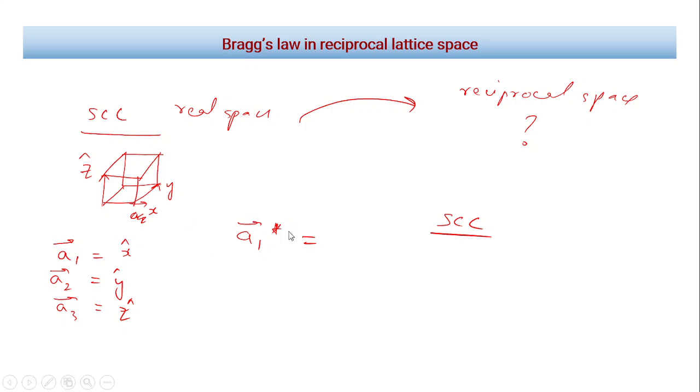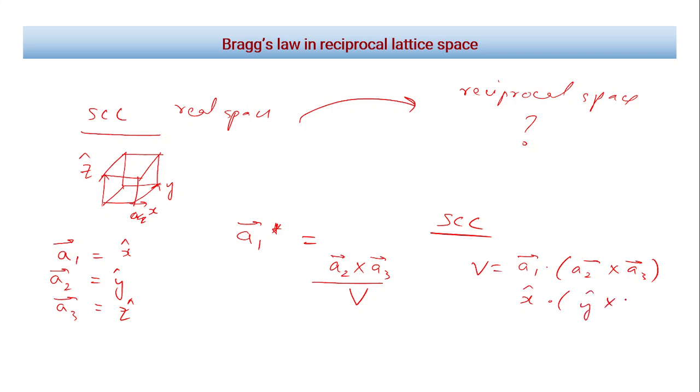Let us calculate one. The formula is A2 cross A3 divided by the volume, where the volume is A1 dot A2 cross A3. Here A1 is X, and Y cross Z is X, so X dot X is 1 and the volume is 1.